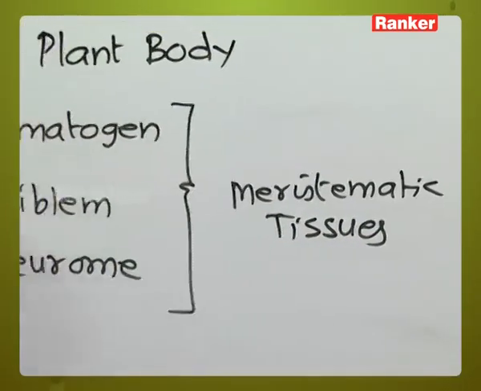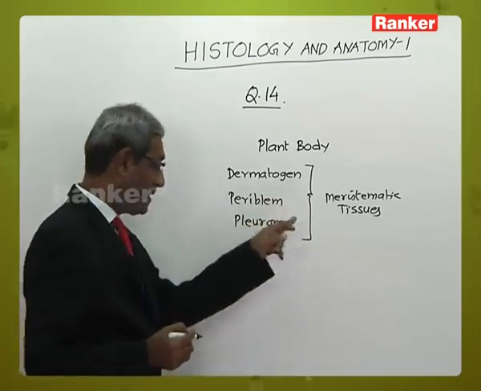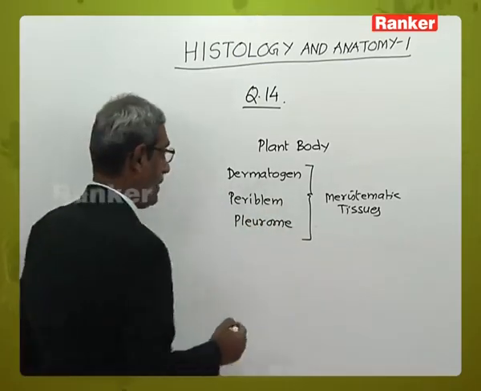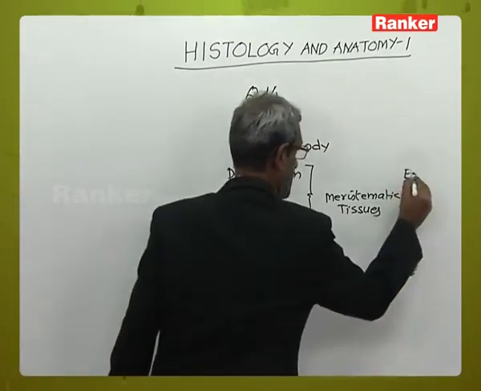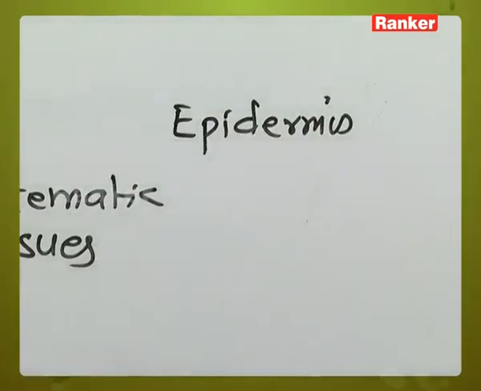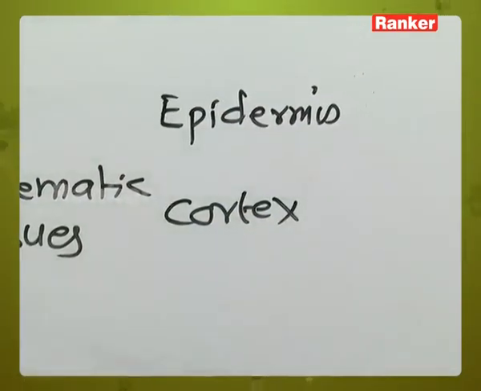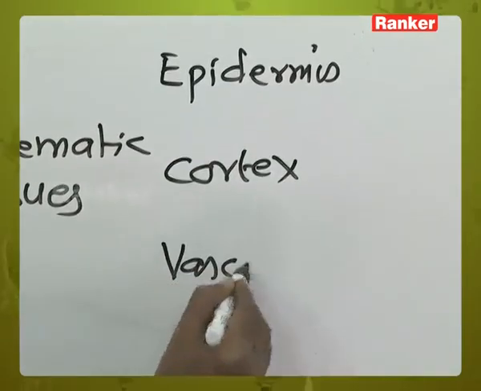The dermatogen gives rise to the epidermis. The periblem primarily gives rise to the cortex, and the plerome gives rise to the vascular bundles. So it forms the epidermis, the ground tissue or the cortex, and the vascular tissues.